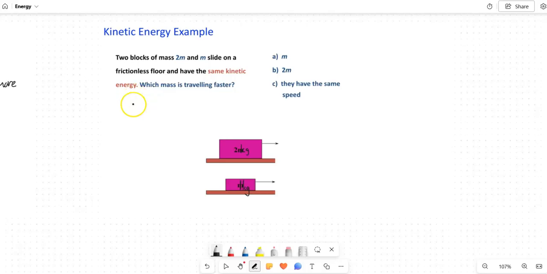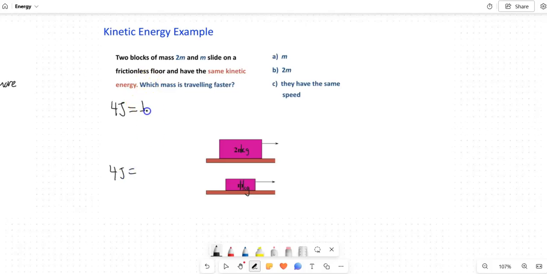Okay, so we're back. Let's pick a number for kinetic energy. Why don't I just say 4 joules? So let's say the top car has, since they have the same kinetic energy, they both have 4 joules of energy.